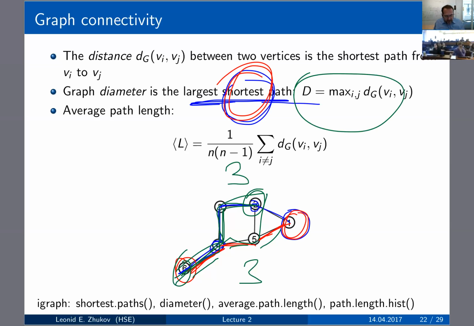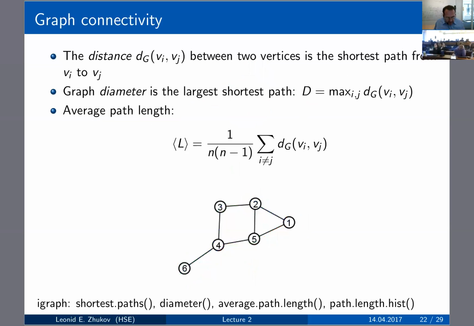Now, another metric is called average path length. If you look at the definition, average path length is adding up all the possible path lengths between every possible pair of nodes and dividing by the total number of those path lengths. So what I mean is the following.